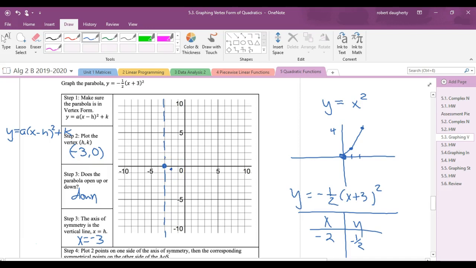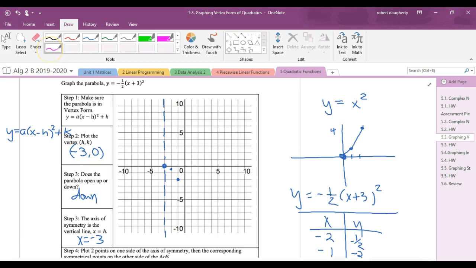Now, let's pick another number. Let's pick negative 1. If I put in a negative 1 here, what's 3 minus 1? 2. 2 squared is 4. 4 times negative 1/2 is negative 2. So negative 1, negative 2. Now, the minute I've got these 2 points, I'm done.